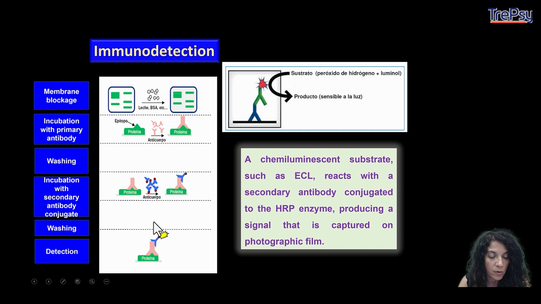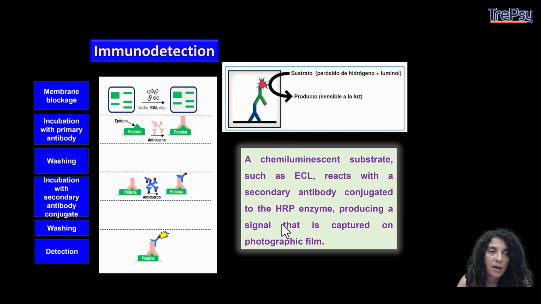Then I have to wash, then I have to detect. A chemiluminescent substrate such as ECL reacts with a secondary antibody conjugated with my enzyme, the HRP enzyme, producing a signal that is captured on photographic film.